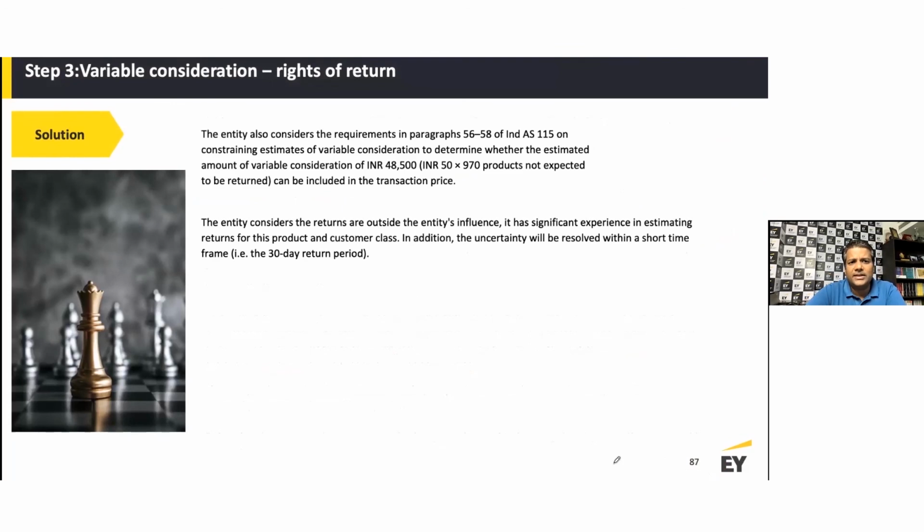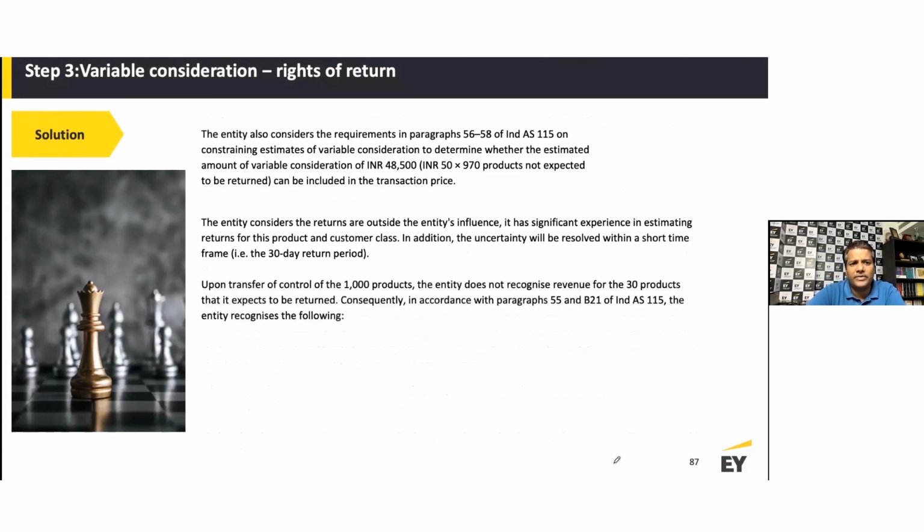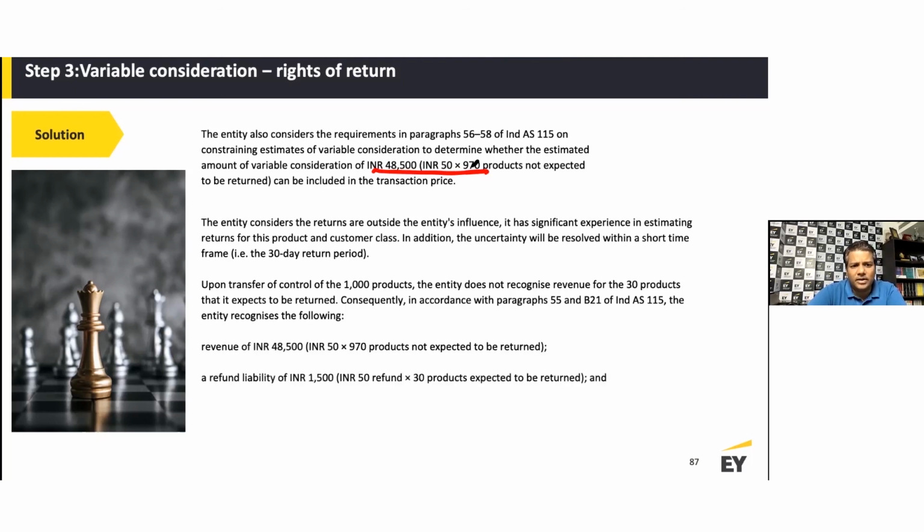The entity also considers the requirements in paragraphs 56 to 58 of Ind AS 115 from a constraint perspective, and you record 48,500 as part of your transaction price. There is a 30-day return period. So of 1,000 products, 30 are expected to be returned, right?